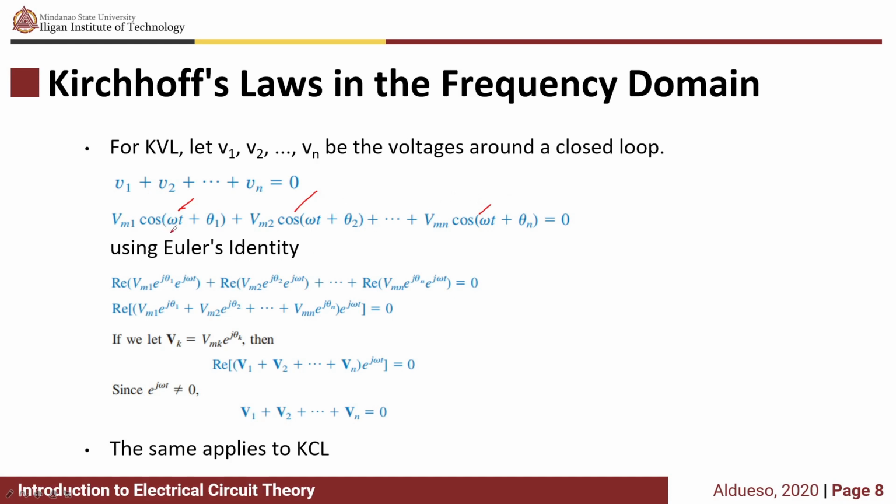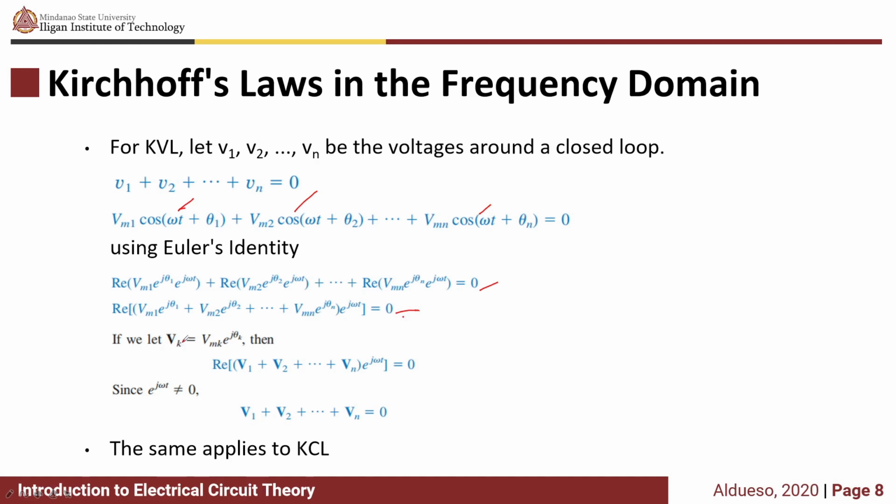Now using Euler's identity, this expression can be expressed as this, or factoring out e to the j omega t, we have this line.